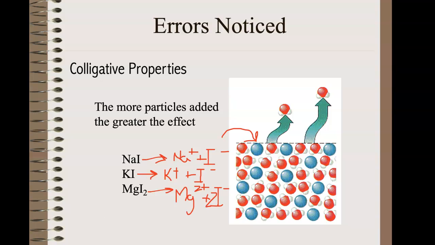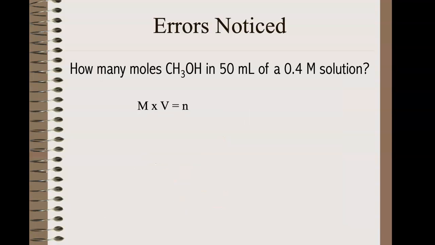The next error that I noticed was in one like this. It said, how many moles of this, again, methanol, are in 50 milliliters of a 0.4 molar solution? And so the formula you need to use is that, there we go, molarity equals the number of moles divided by the volume. Or if I rearrange that, molarity times volume is my number of moles.